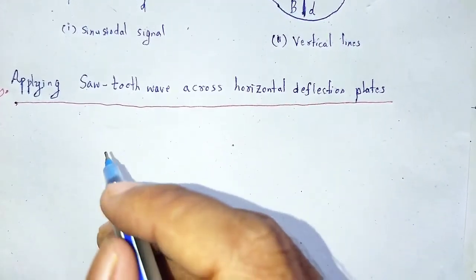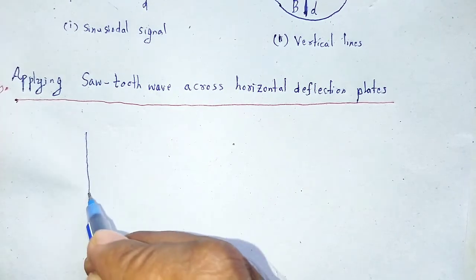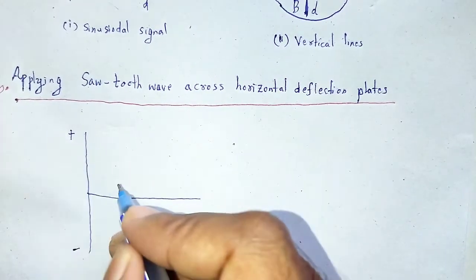First, a sawtooth wave, with negative potential and positive potential.